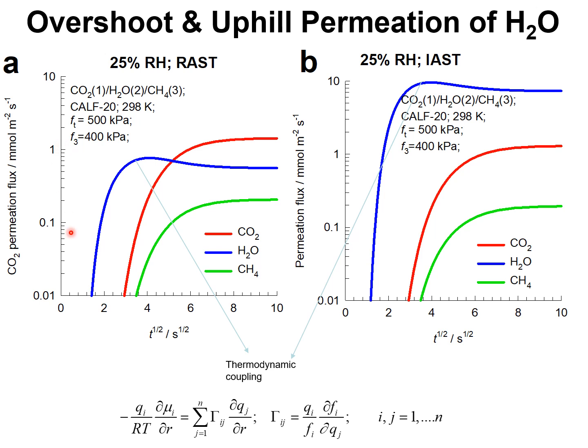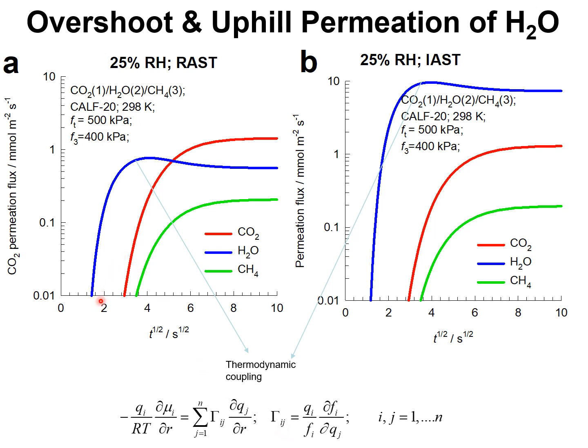These are the calculations in which thermodynamic non-idealities are taken account of using the NRTL model and the RAST for mixture adsorption equilibrium. Also included are the influences of thermodynamic coupling, wherein the off-diagonal elements of gamma sub ij are significantly different from unity.